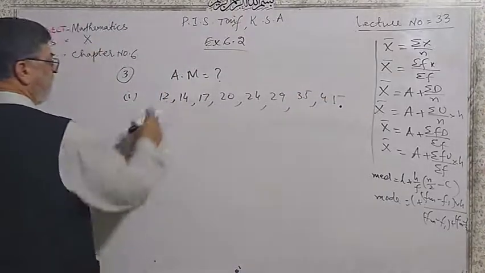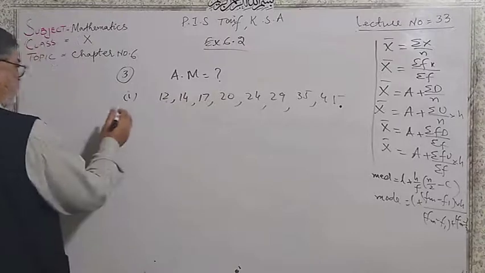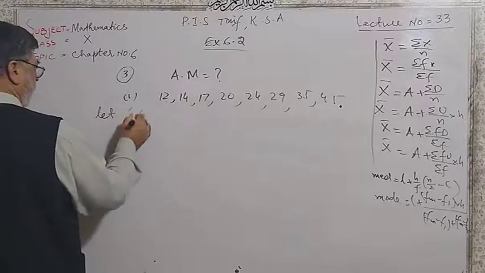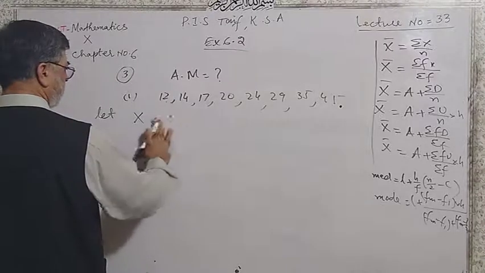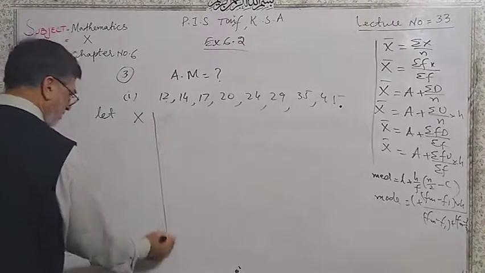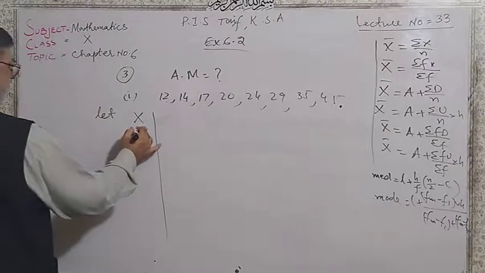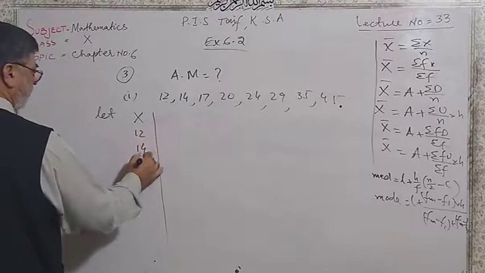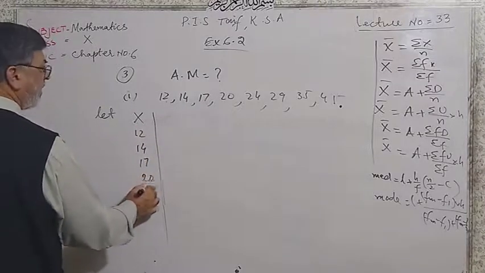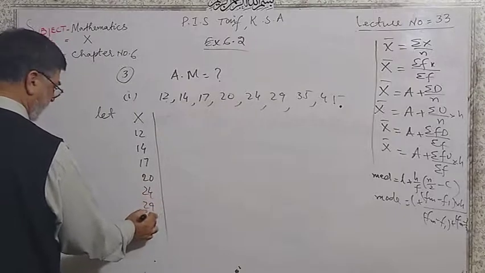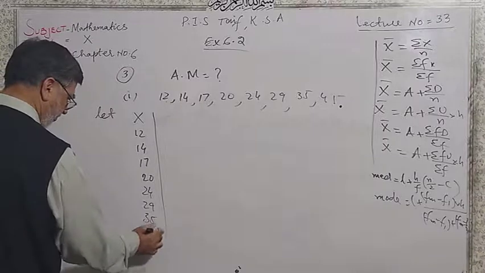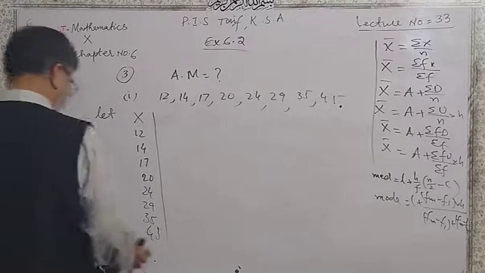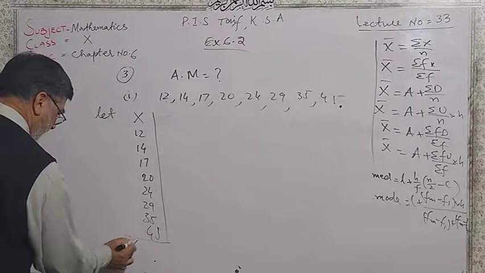So first of all, these values are given. You will name them. Let x be the values. Here we can write down in a column x is equal to 12, 14, 17, 20, 24, 29, 35 and 45. Remember that here will be sigma x.